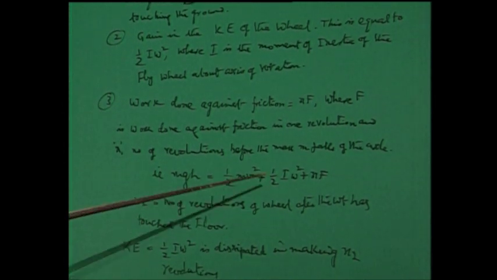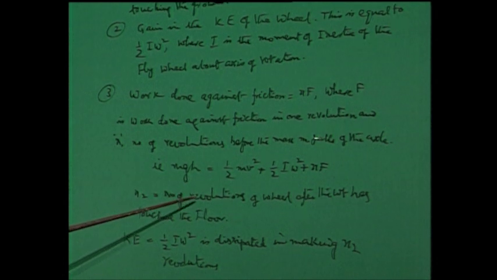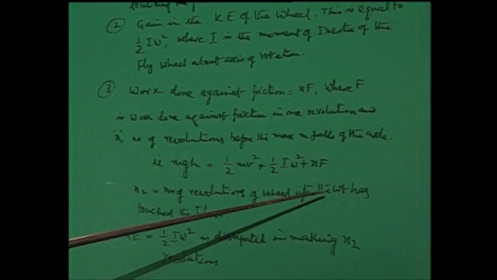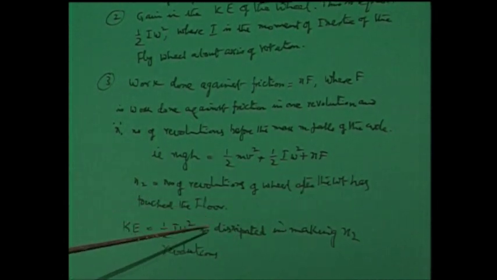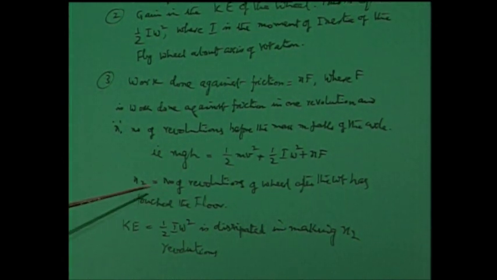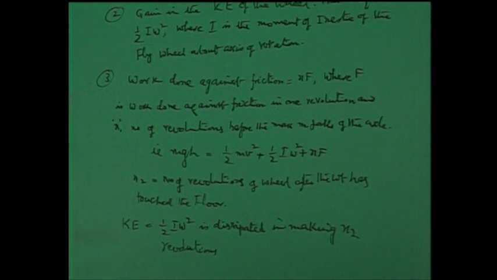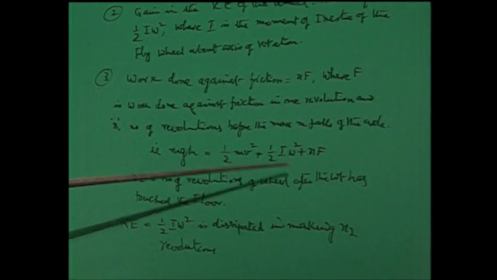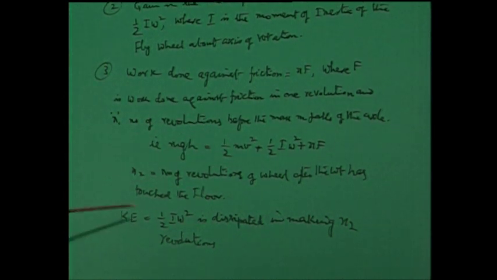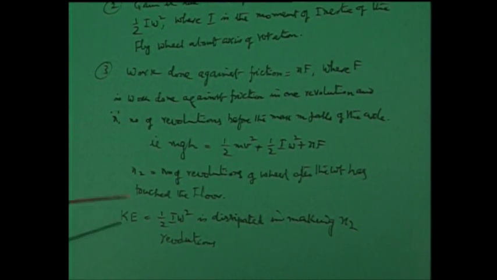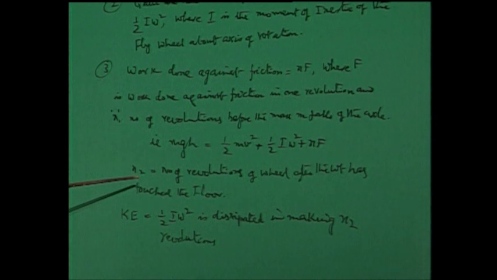Here, n2 is equal to the number of revolutions of the wheel after the weight has touched the floor. That is, in the actual experiment, after the fall of the weight, the potential energy is converted into this, and the half I omega square kinetic energy will be dissipated in revolving the flywheel to make n2 revolutions.